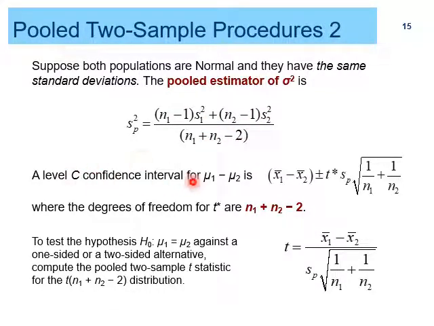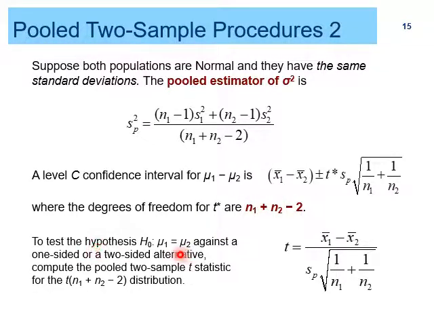The confidence interval for mu1 minus mu2 is x1 bar minus x2 bar plus or minus t critical multiplied by s p times the square root of 1 by n1 plus 1 by n2, where the degrees of freedom for t critical are n1 plus n2 minus 2.